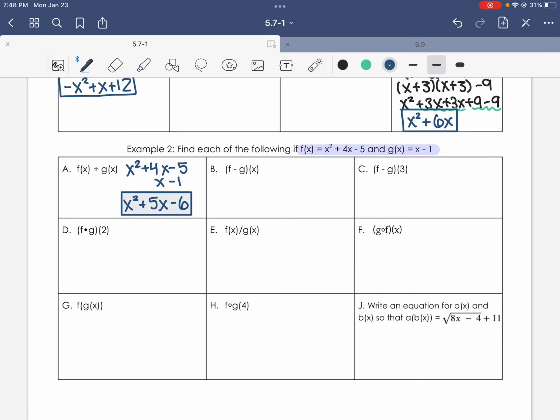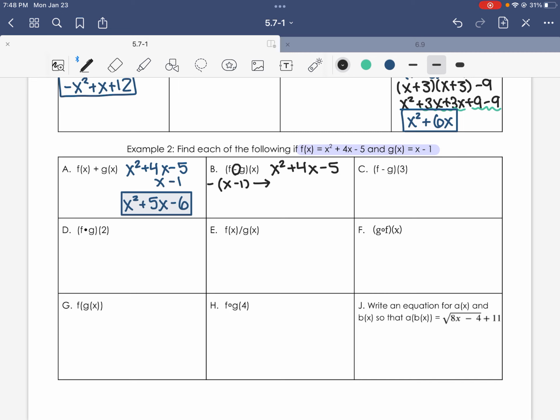Part B is almost exactly the same thing, but you'll notice that there is actually a minus sign right here in the middle. Sorry, I covered it up. So I'm going to keep f of x the same. But this time, before I write g of x underneath, I'm going to multiply it by negative 1 because of that minus right there.